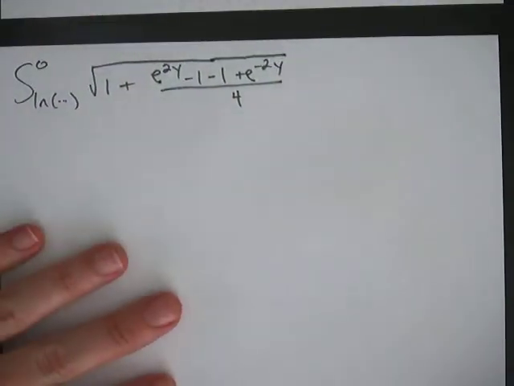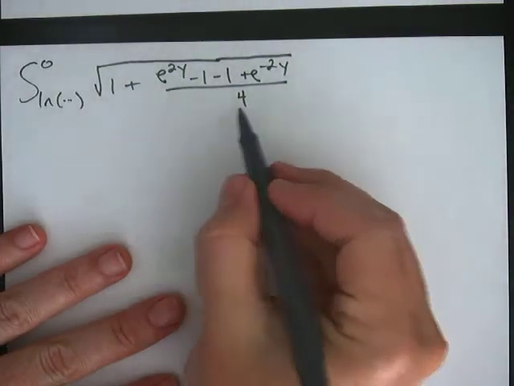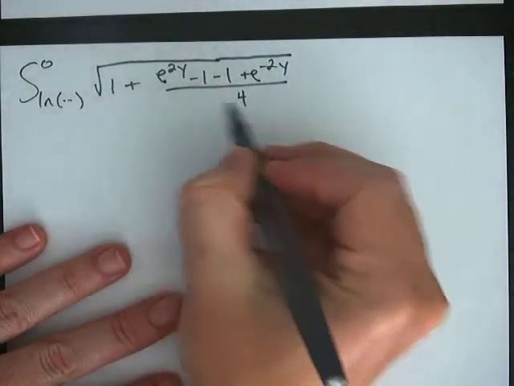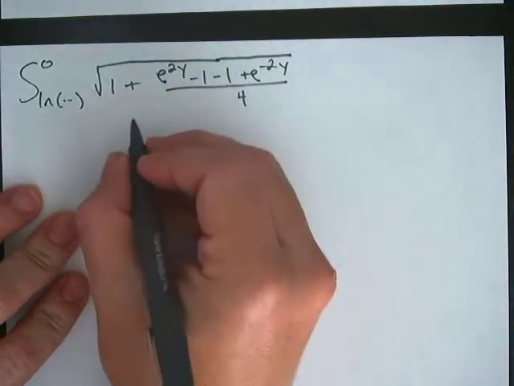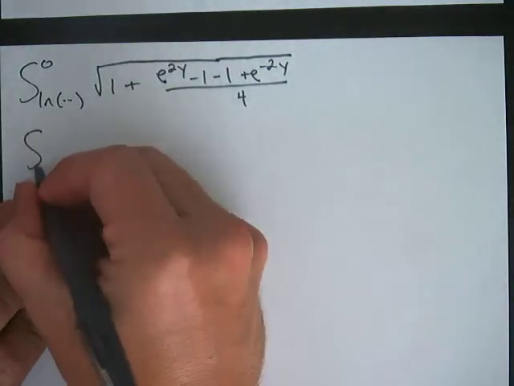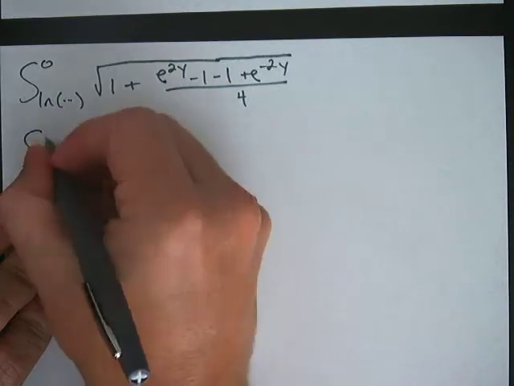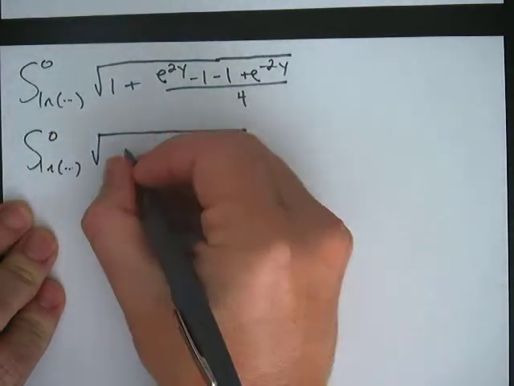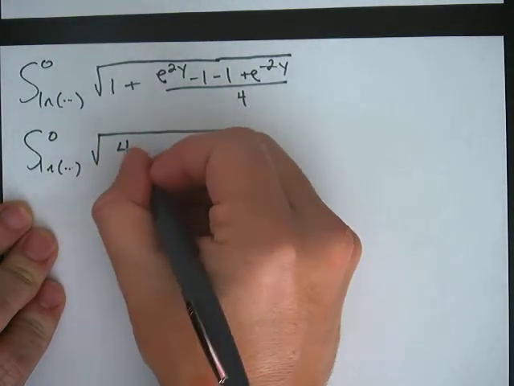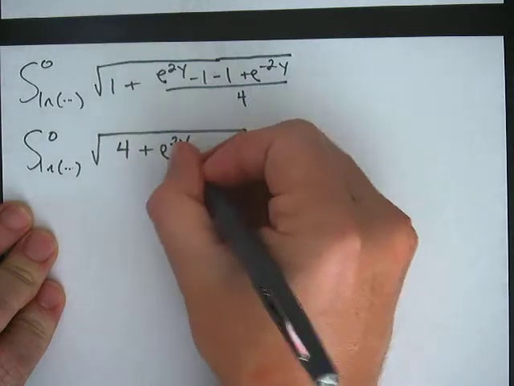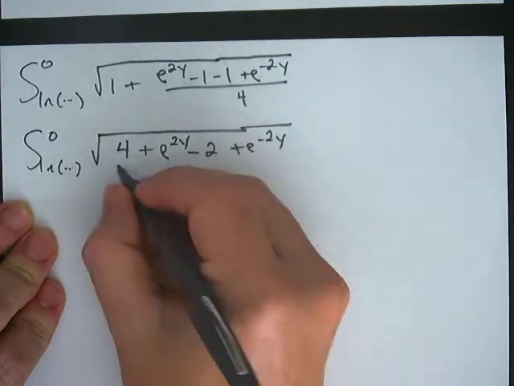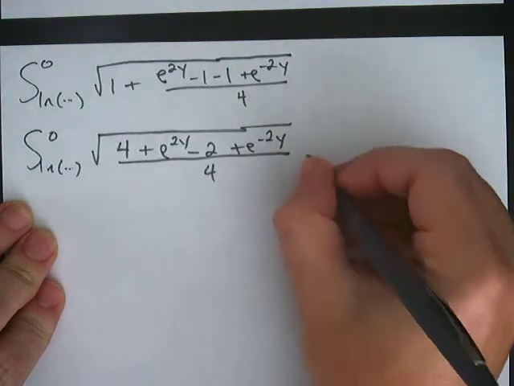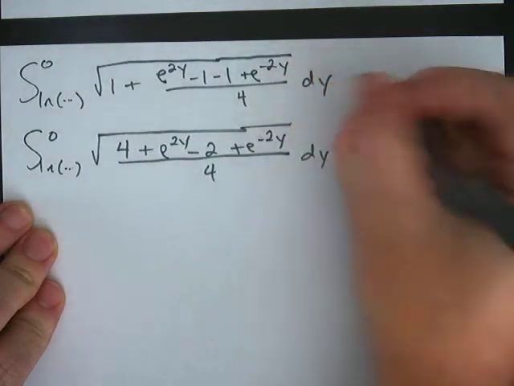Okay, now if we wanted to, let's combine these, the 1 with this fraction here, so basically 1 becomes 4 over 4, so we can combine that. There's my limits. Square root of 4 plus e to the 2y minus 2 plus e to the -2y all over 4 dy. Forgot to write that in the last step.